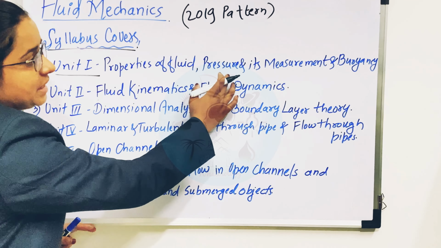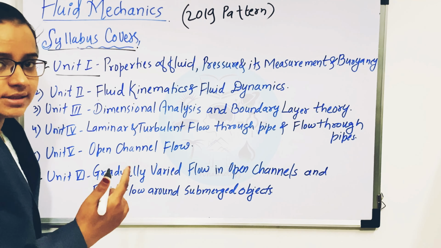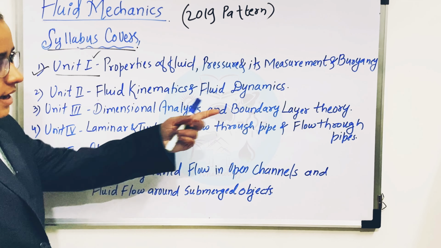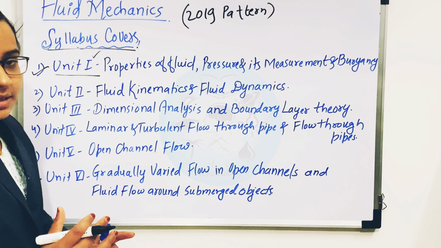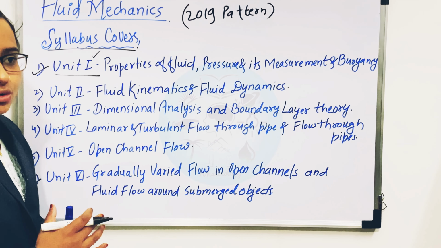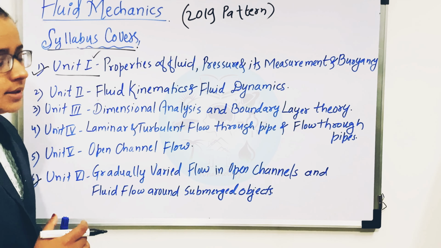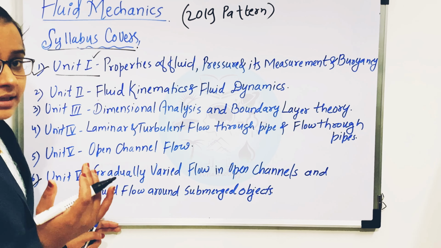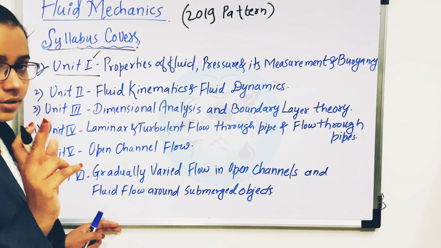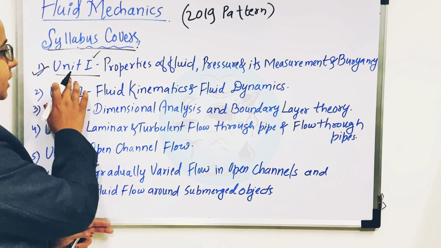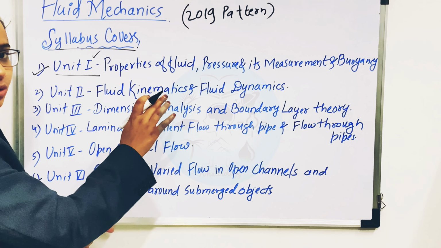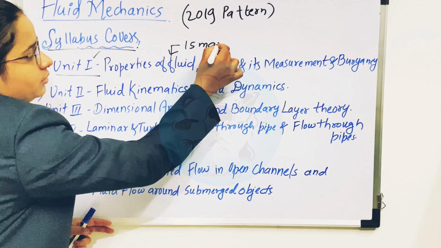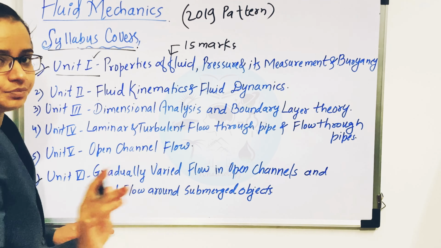Next is pressure and its measurement. It is chapter number 2 under the same unit 1. And the last one is buoyancy, which is also one of the most important topics of fluid mechanics, right? So these 3 topics constitute the 3 chapters forming unit number 1. These all 3 portions are for 15 marks actually.